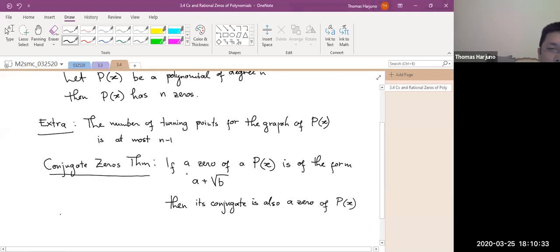Now the conjugate of a plus square root of b is a minus square root of b. I have to emphasize that the b here is not a square number.